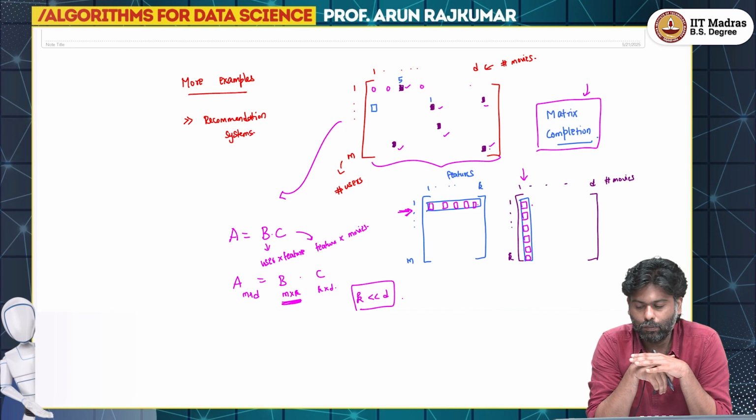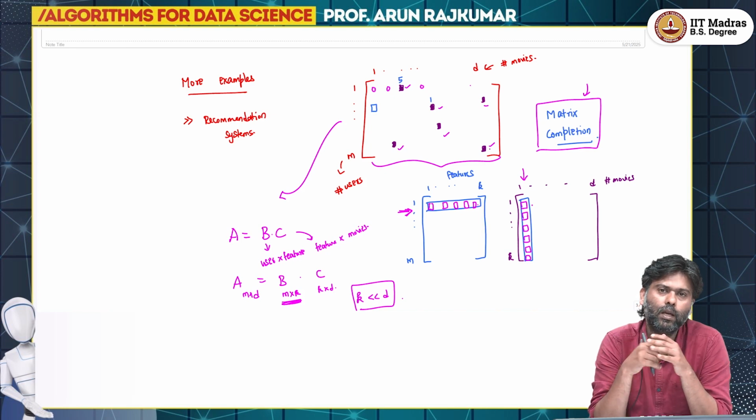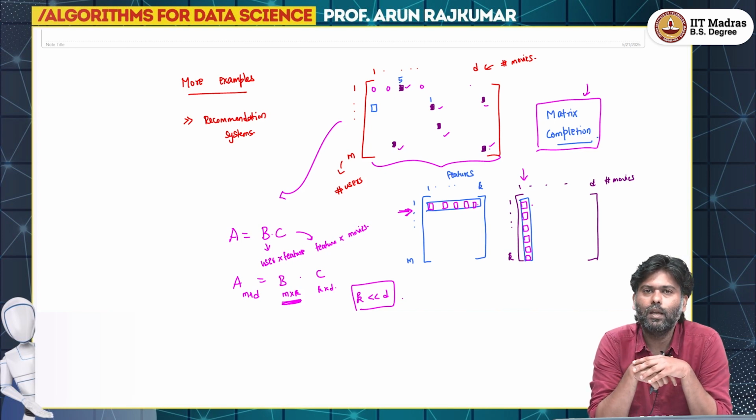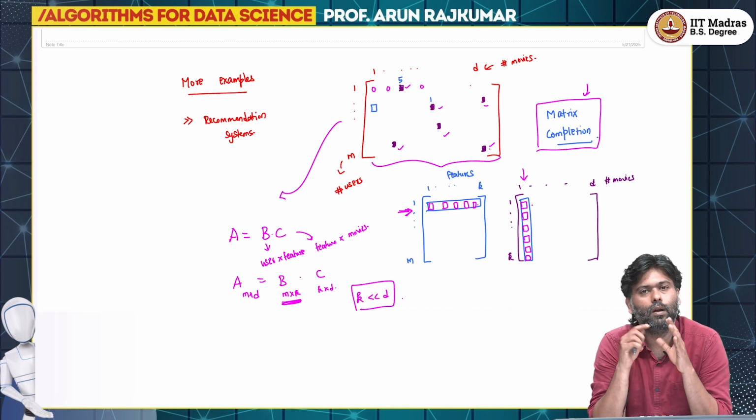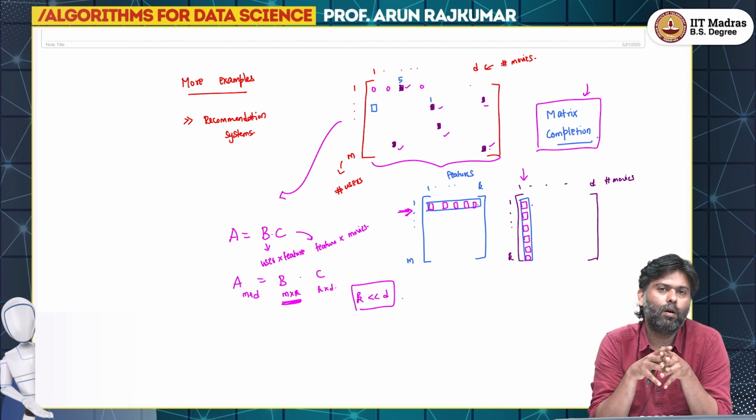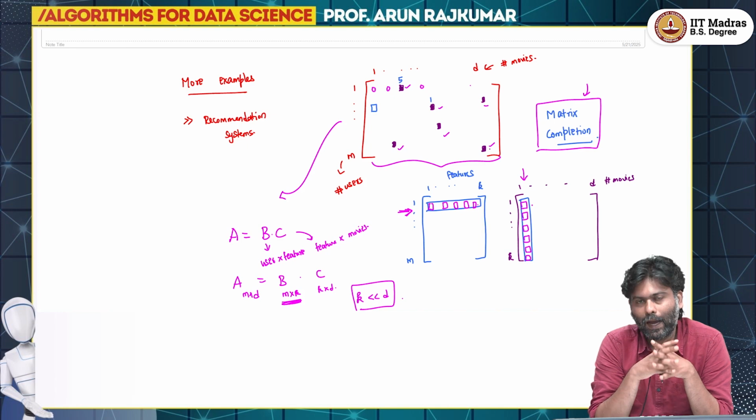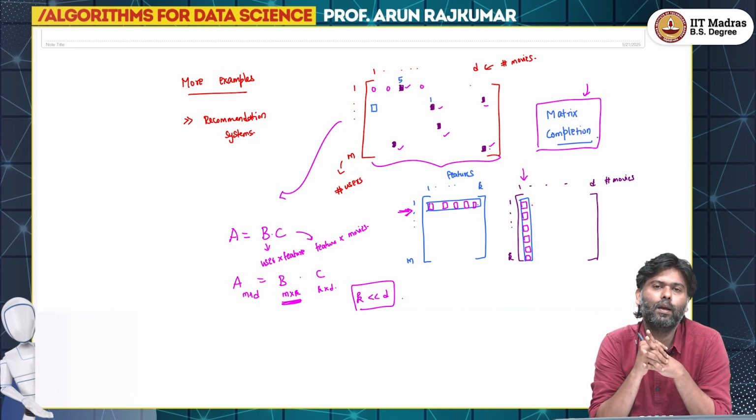but it suffices to say that matrix completion is a very widely used technique for recommendation systems. Very practical algorithms exist for matrix completion, and most of these algorithms, if not all, rely on one way or the other on the singular value decomposition, and they all work because they make this low rank assumption on the underlying matrix that you want to complete.